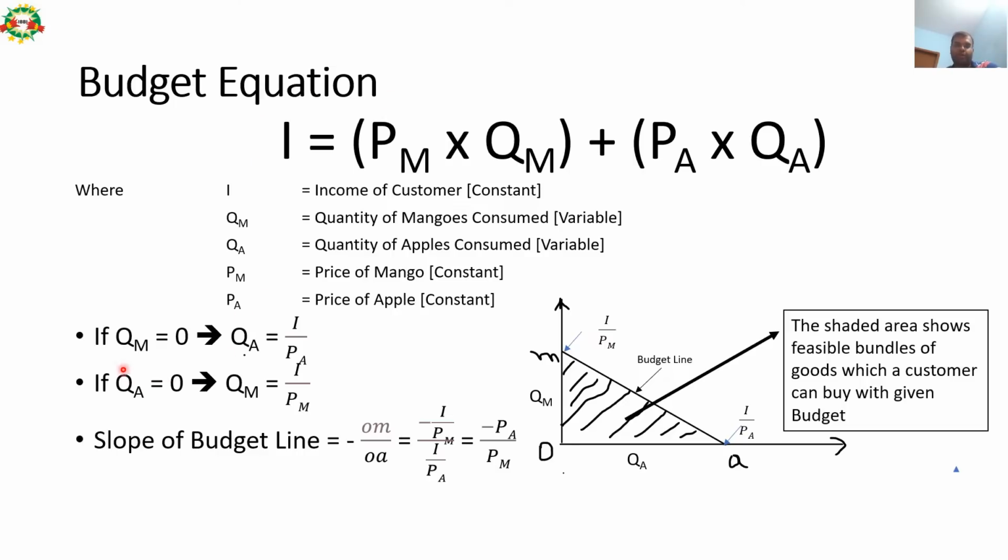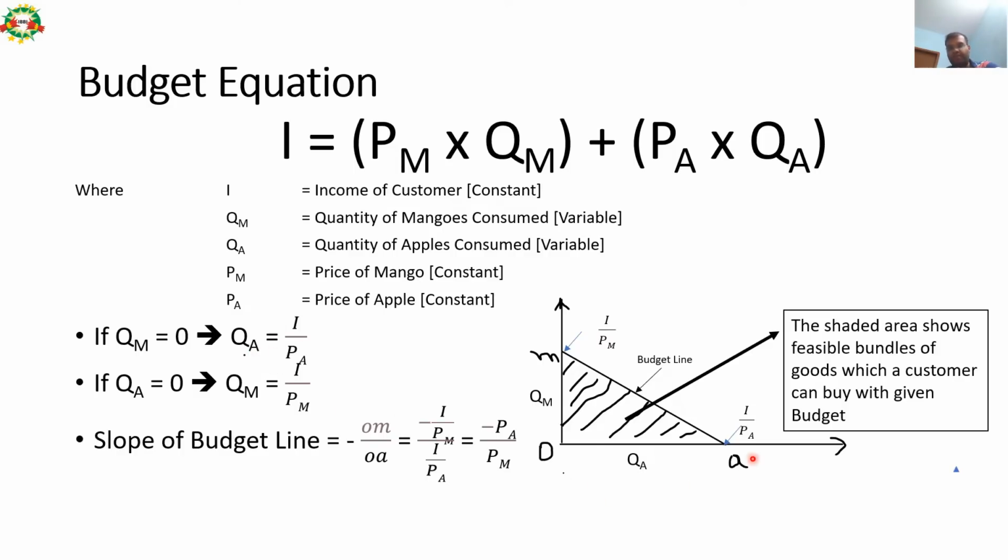So if we assume quantity of mango is equal to 0, that means the customer will consume quantity of apple equal to total income divided by price of apple.